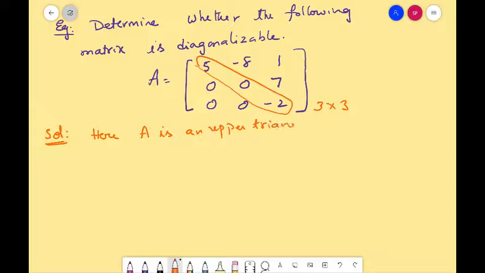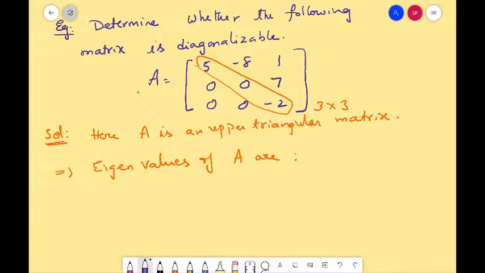If A is an upper triangular matrix, then what are the eigenvalues of A? The eigenvalues of A are 5, 0, minus 2, the elements from the principal diagonal. So we already got the eigenvalues, and you can observe they are distinct.